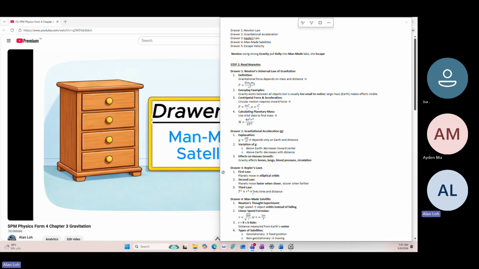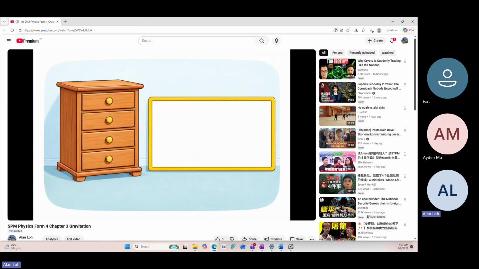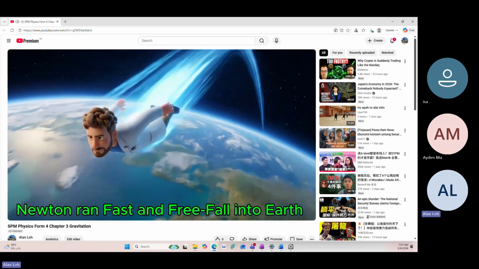This helps you remember the content you need to know in drawer number 3: first law, second law, and third law. So let's move to drawer 4. Drawer 4. Man-made satellites. Newton ran fast and freefall into Earth.